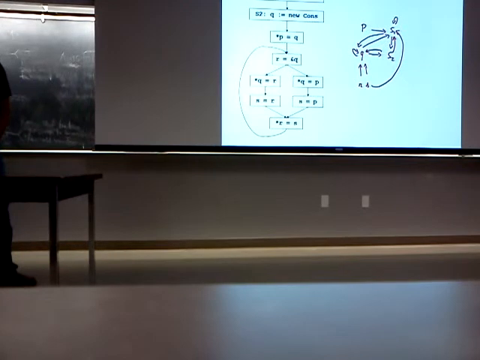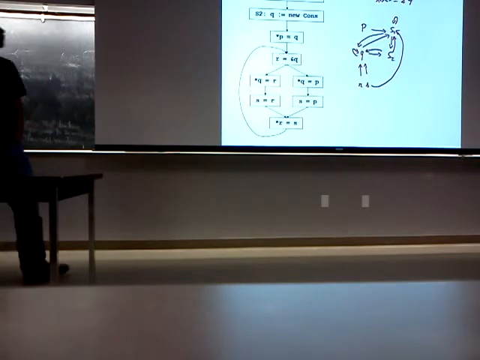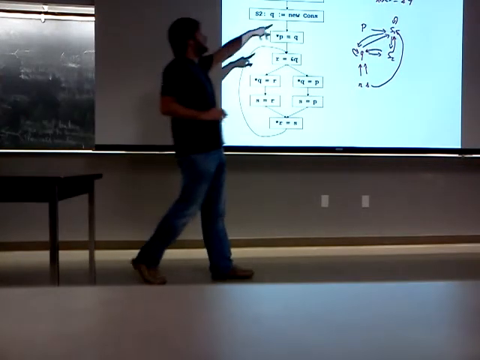So for example, if you have x points to a summary node like this, which points to somewhere, and then you have this statement, star x equals address of y, and this is, let's say, z or something like that. You can't say, oh, well, x points to only one thing, and I'm updating this s1, therefore delete this and make this point to y. That doesn't work because that x1 represents not one memory location.